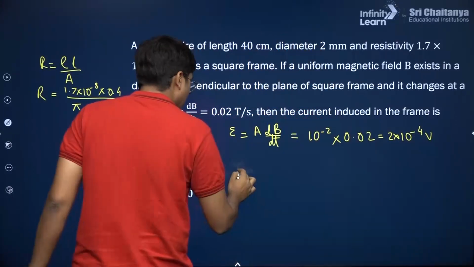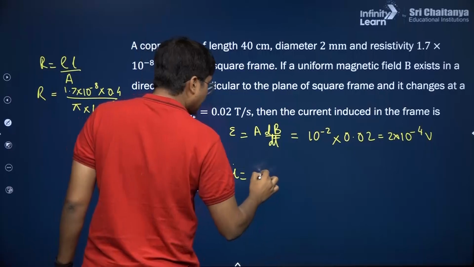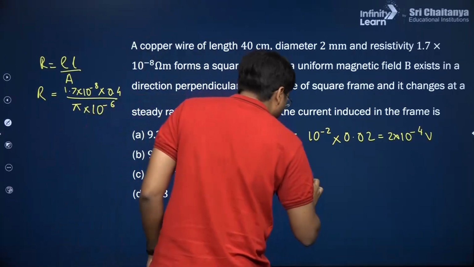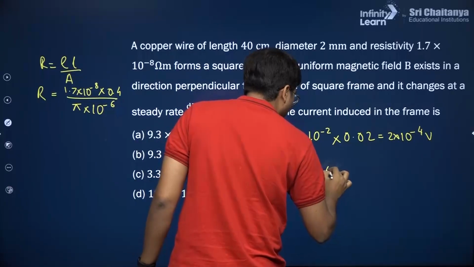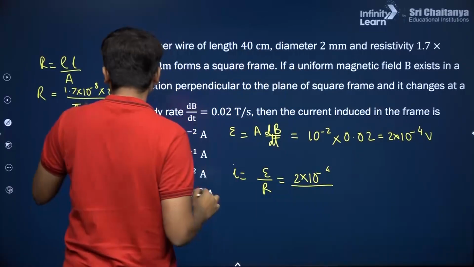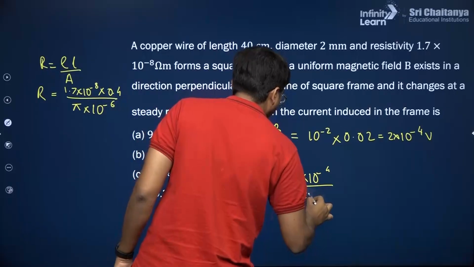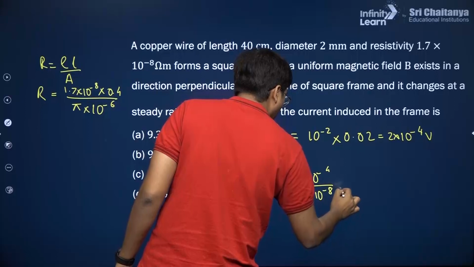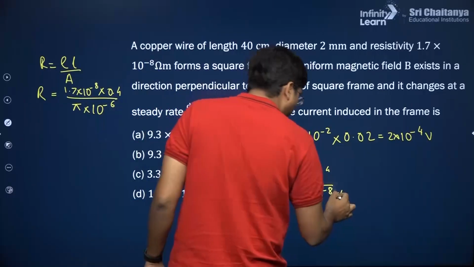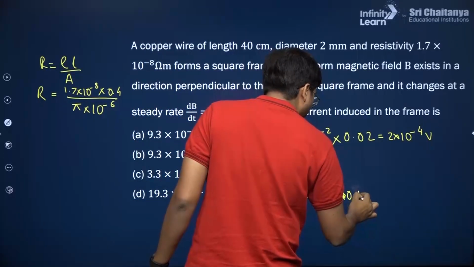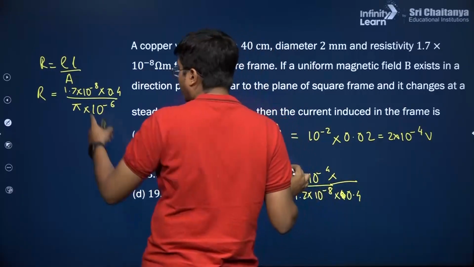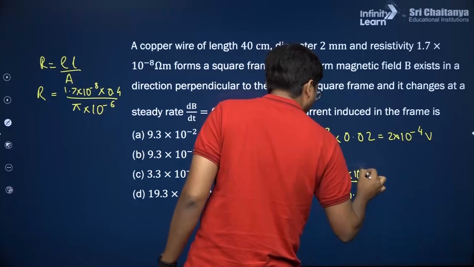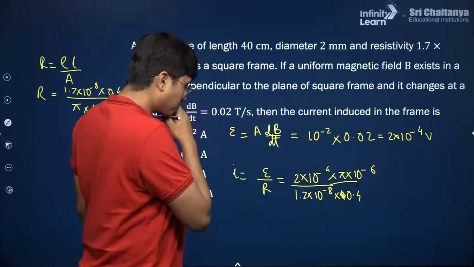We have got the EMF. So the current I is equal to this EMF divided by the resistance. That is equal to 2 into 10 to the power minus 4 divided by the resistance, which is 1.7 into 10 to the power minus 8 into 0.4, and up top we have pi into 10 to the power minus 6.